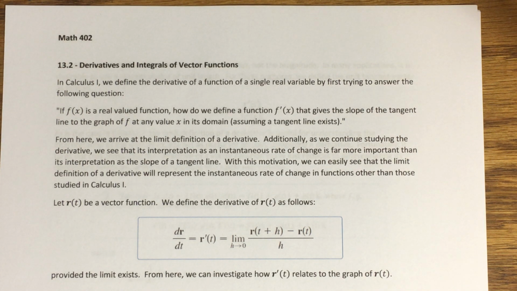Looking at a rate of change in a function, whether it's a function of a single real variable, a function of multiple complex variables, or any other kind of function you can define, rates of change have meaning in all of those contexts. And so that's what derivatives are actually important for. The whole slope of the tangent line thing, in the long run, is not that important. It's the rate of change concept that's important.